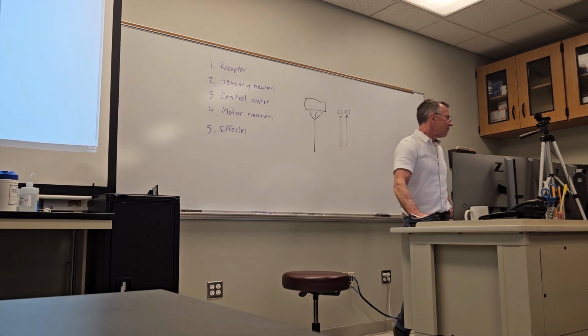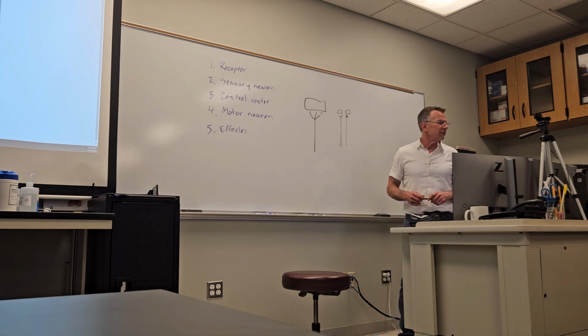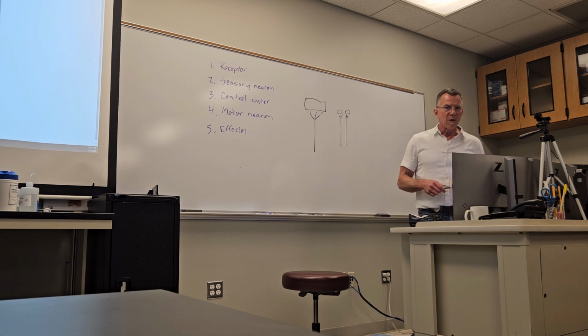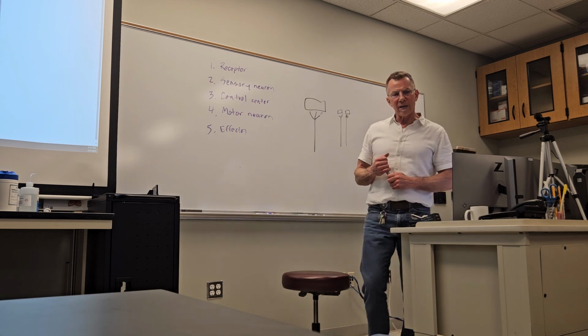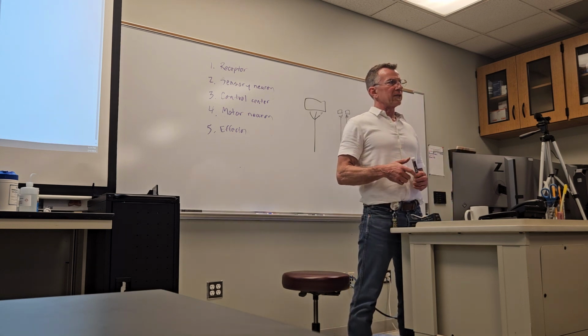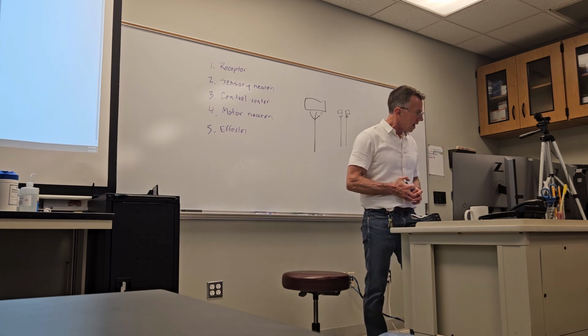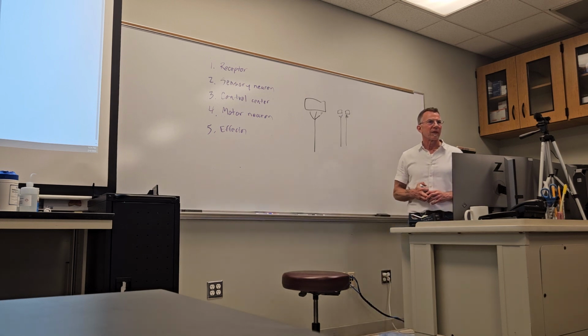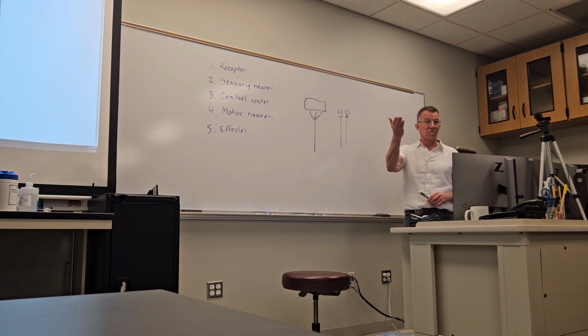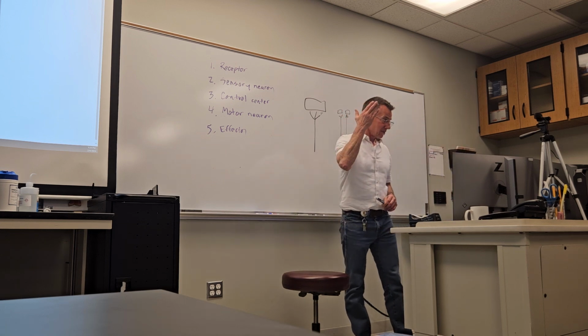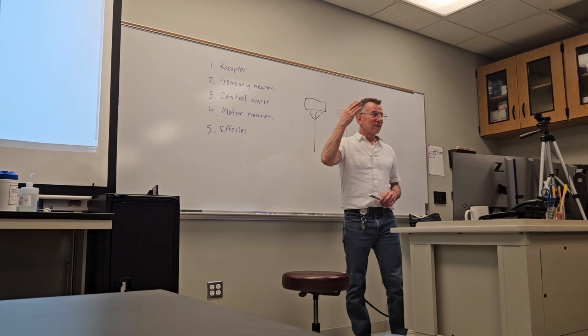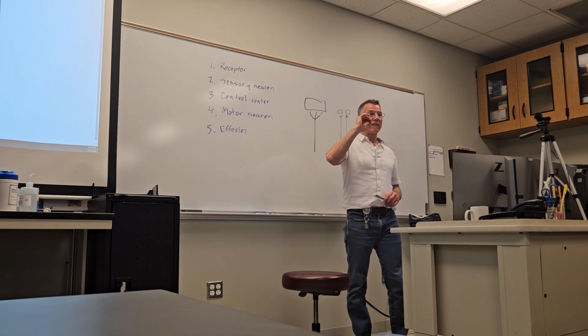So if I couldn't sense my bladder when it was full and I started to wet myself, that would be an example of what kind of a disorder? A lower neuron. So that's just a sensory neuron disorder, these are neuropathies.